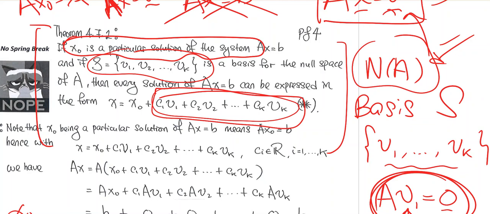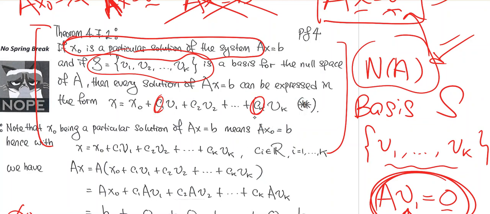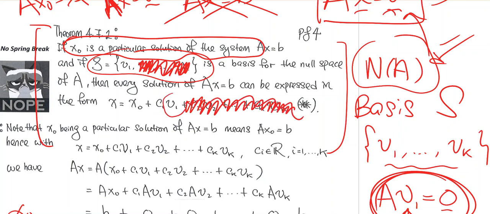Because the c here can be any number. Let's say the entire basis S has only 1 non-zero vector, v1. Then the other terms are all gone, and you only have c1 v1. This will already give you infinitely many solutions because your c here can be any number.